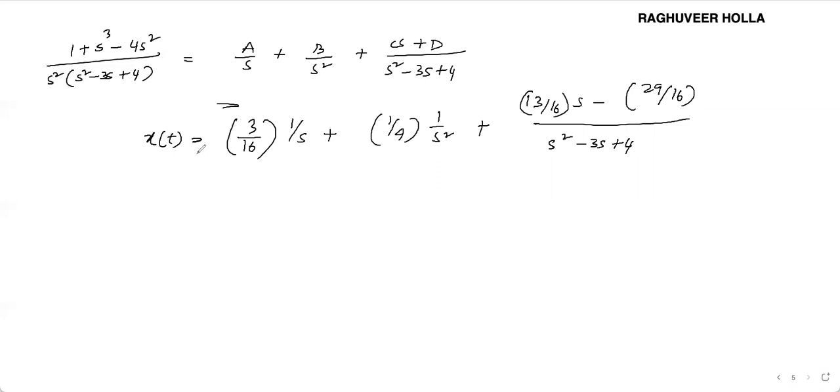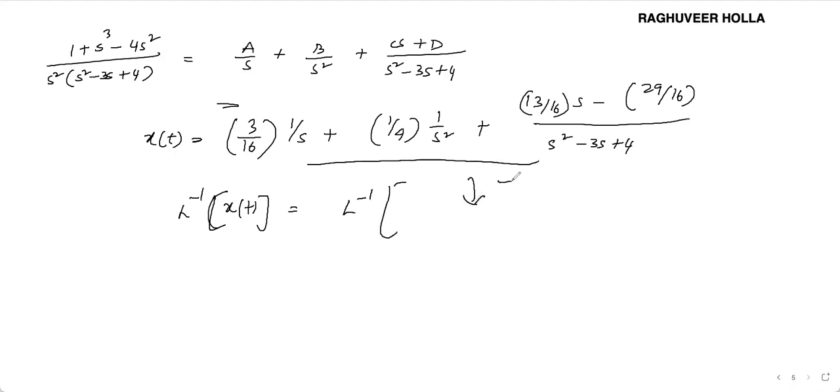Now the inverse of this x of t will be L inverse of this whole thing. Okay. So let us simplify this further. Okay.